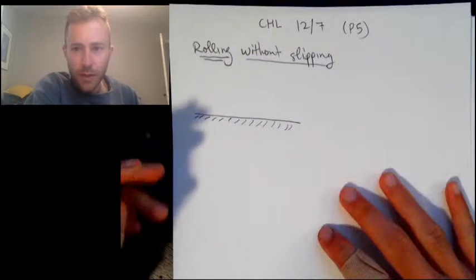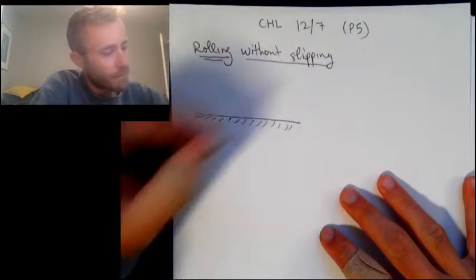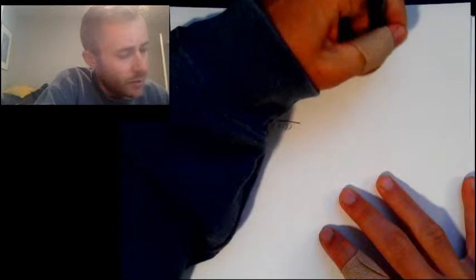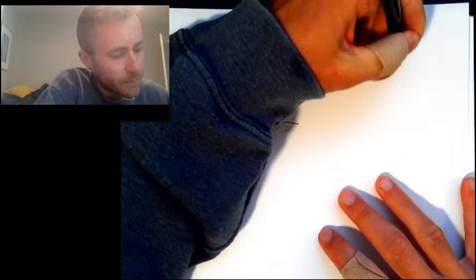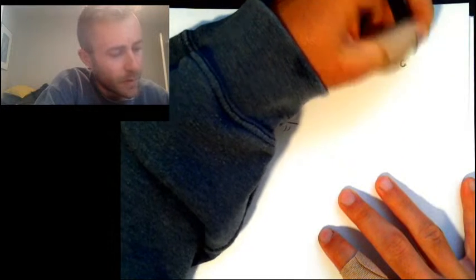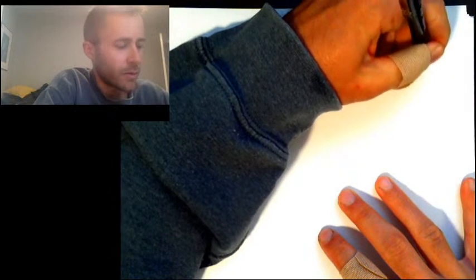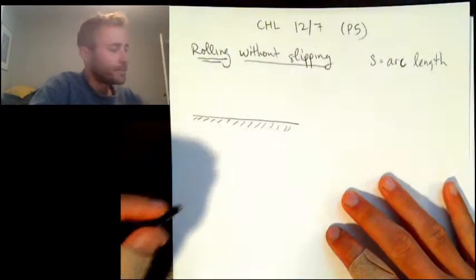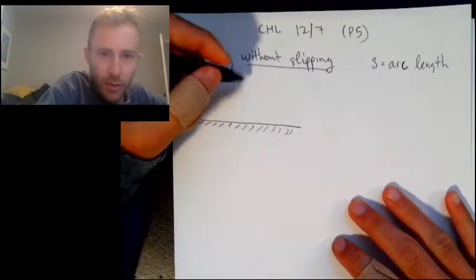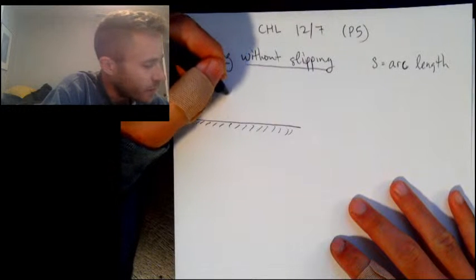So let me define some variables here. S is defined as arc length for a circle. So let's suppose we have a circle.